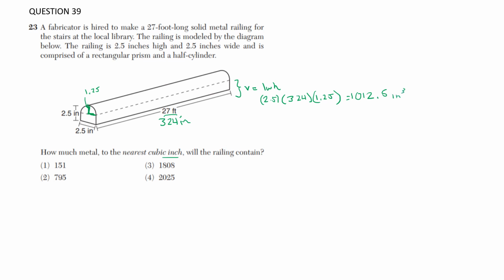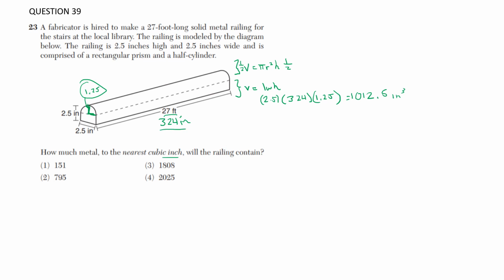Now let's find the volume of that half cylinder up there. The volume of a cylinder is pi r squared h, but because it's a half cylinder we take half of that. We have our r, 1.25, and our height, 324.